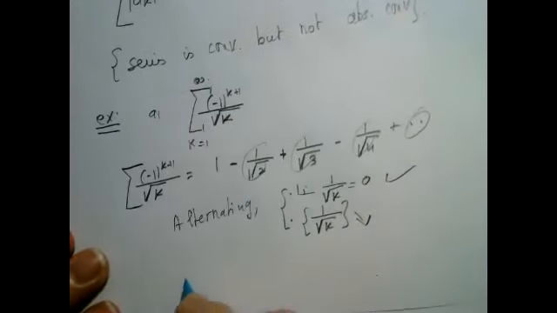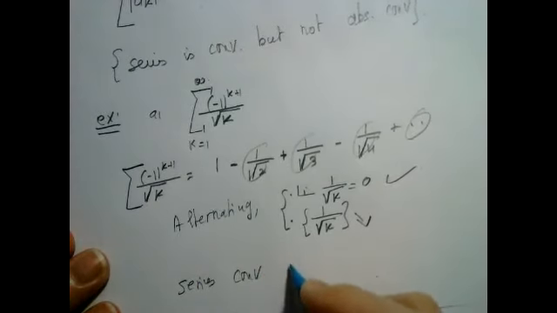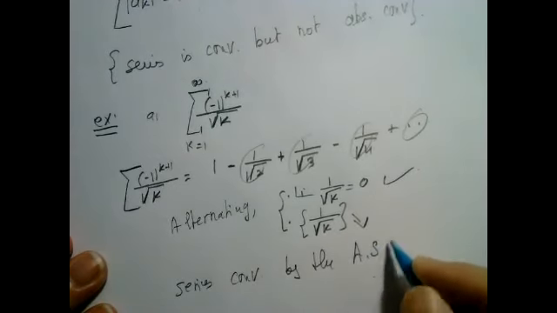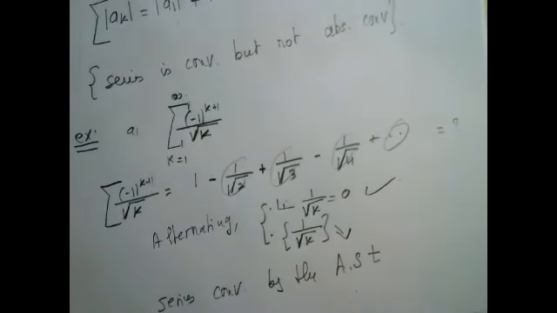So the series converges by the alternating series test. Eventually, if I keep adding, we get to a number, and we know how to estimate the sum.